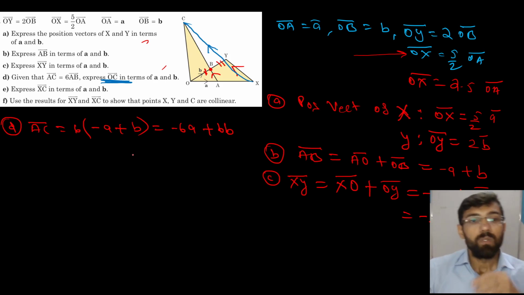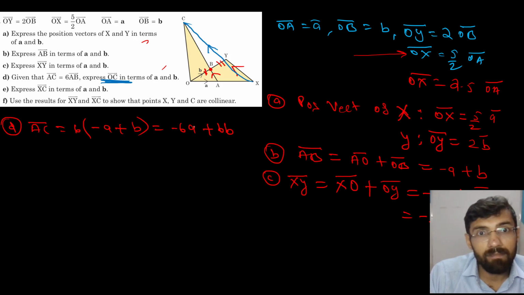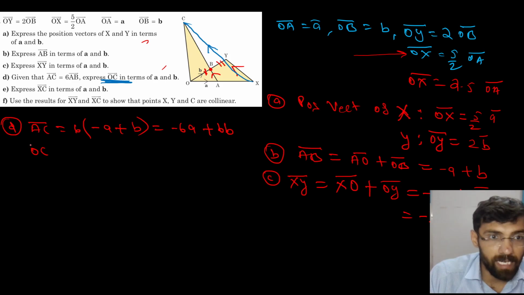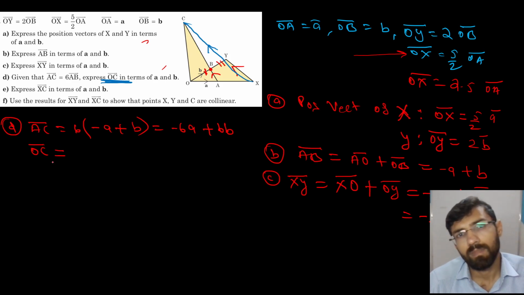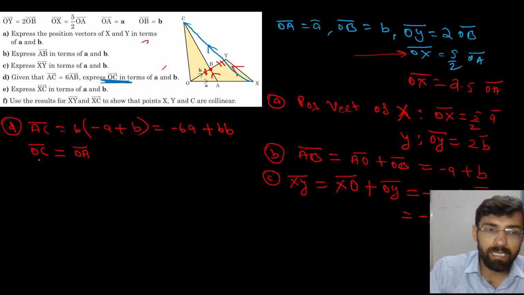Given that AC is 6 times EB vector, now I have the AC vector also. So let us find the OC vector. Can I write OC vector as OA vector plus a displacement? Displacement OC is the same as displacing OA and then AC.